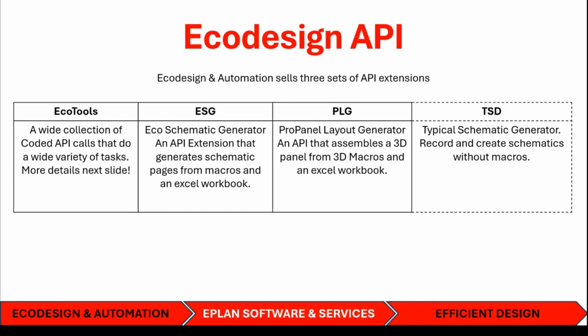It's an API that allows us to generate macros en masse by reading an Excel workbook, so you can generate an entire project, or multiple pages at once. The third one is the ProPanel Layout Generator. It works similarly to the Eco Schematic Generator, except you're generating a 3D panel using 3D macros from an Excel workbook.